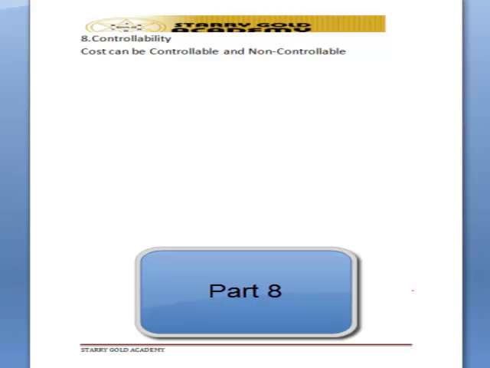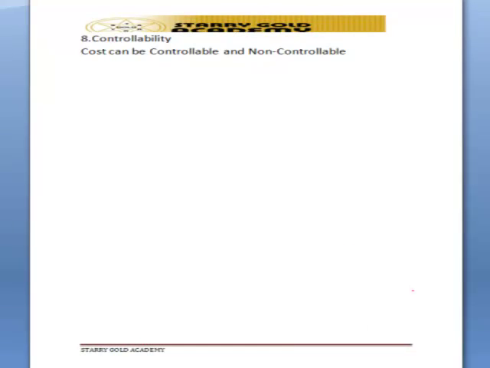Also, another classification of costs: we can look at classification of costs based on controllability, the ability of management to control the cost. Under this category, we shall be classifying costs as controllable costs and non-controllable costs.